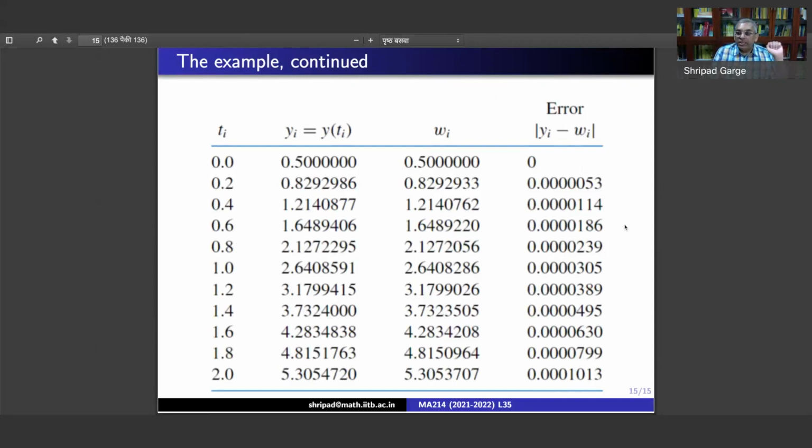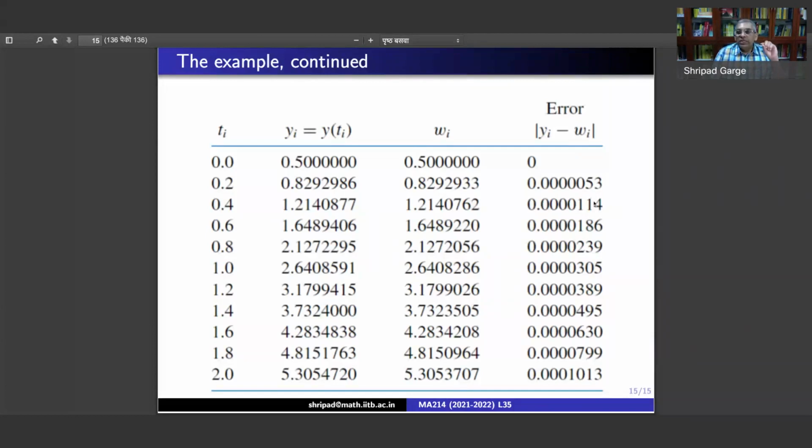Okay, what are the errors? Let me just ignore the decimal points and so on, and count them as plain integers. So the error at 0.2 was 53. The error at 0.4 became 114, which is roughly double.